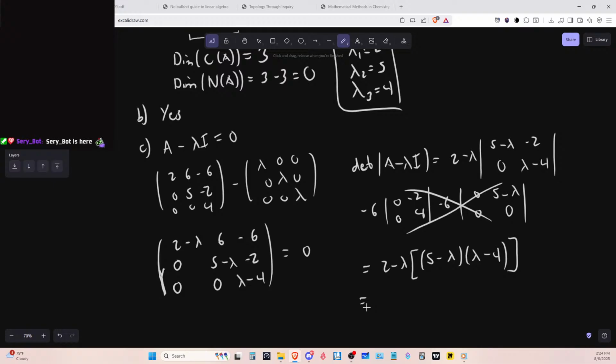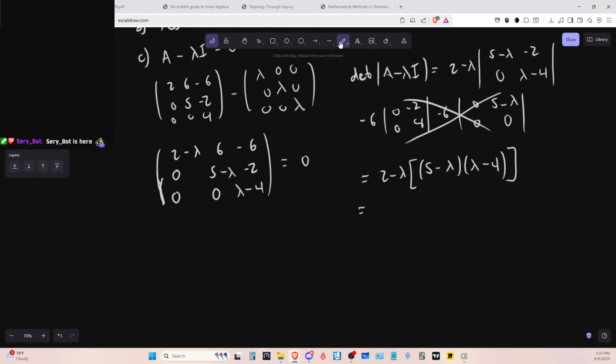So basically our eigenvalues are just that. Now I see why they basically try to make it like this. It makes it much easier to get rid of everything. So meaning that when we diagonalize it, we're just left with 2, 5, and 4.